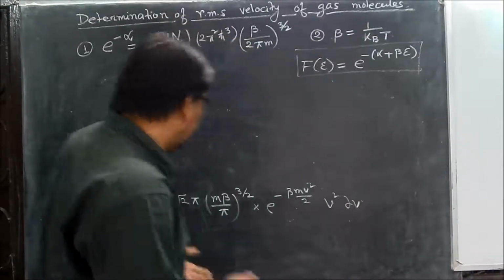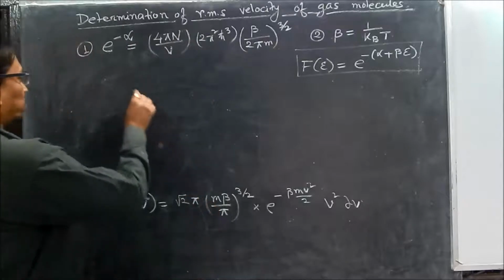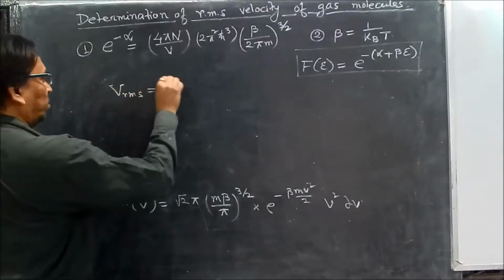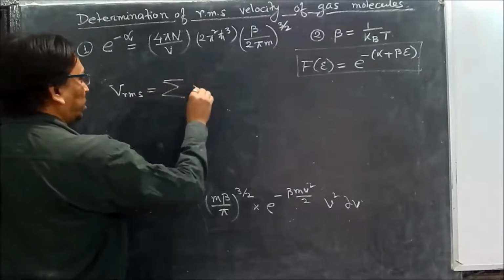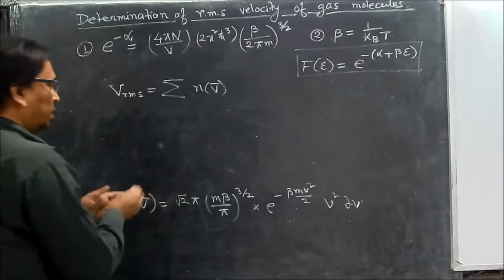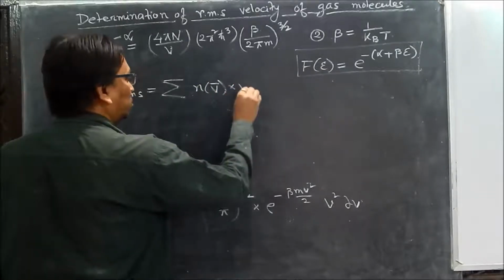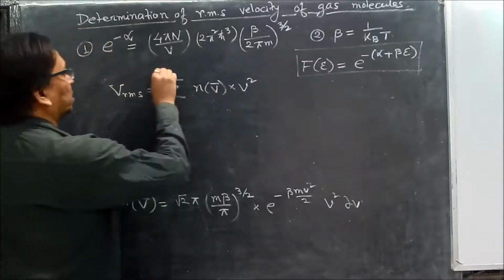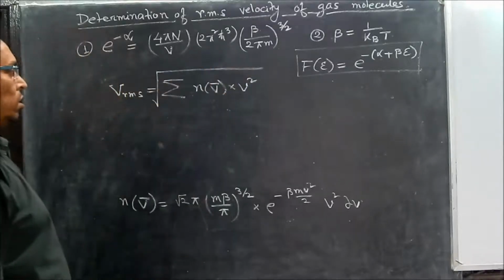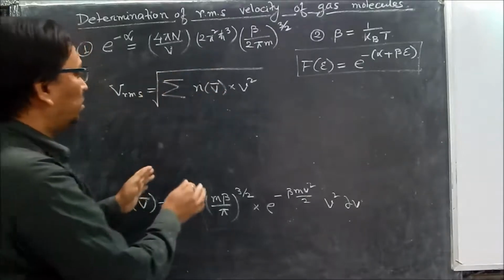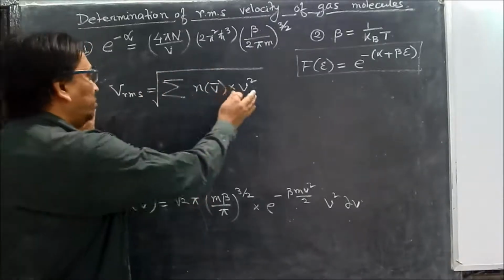But if we take these statistics, Vrms is basically the summation, for some group of particles having velocity v bar, of the square of their velocity, and then the root of this. We cannot take it in a discrete manner, we have to integrate it. Anyway, this is Vrms.